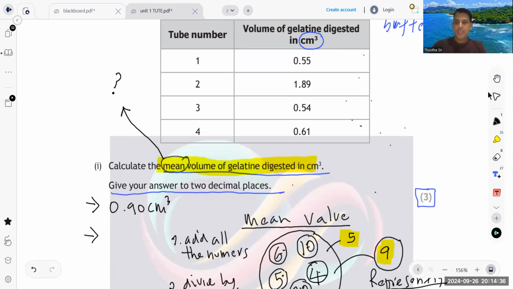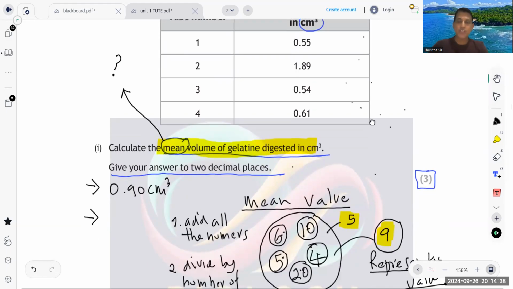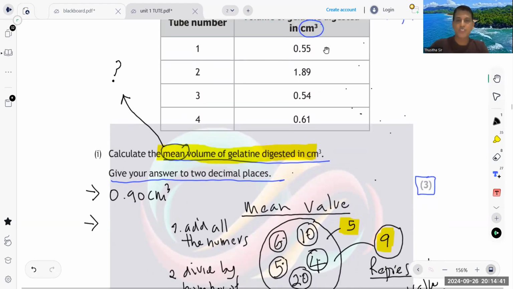Right now, if you understand how to calculate mean value quickly, calculate the mean value for these numbers.